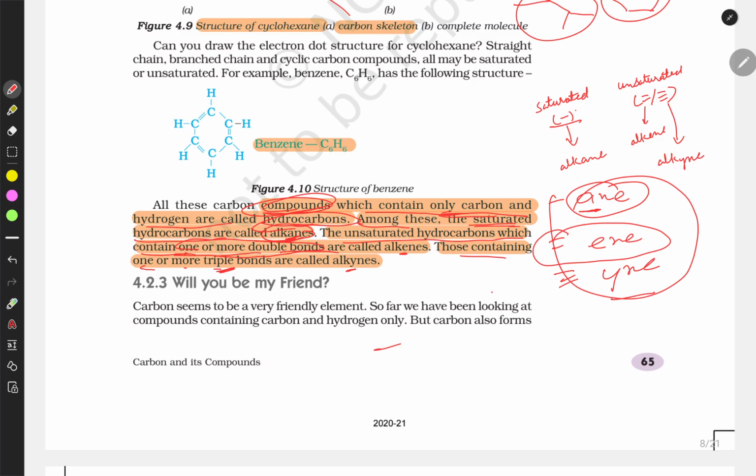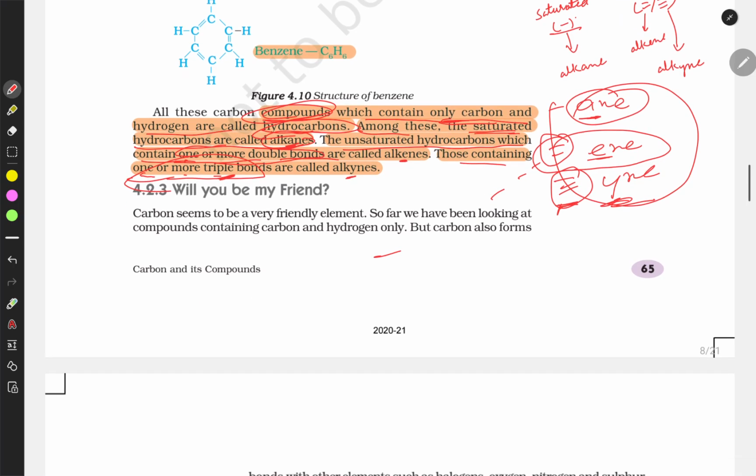If most of the bonds are single, and any one or two bonds are double, in that case it will be an alkene. Similar thing happens with the alkyne also. It is not necessary that each bond should be a triple bond. At least one triple bond should be there so it can be called an alkyne.